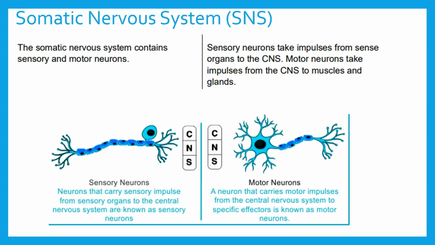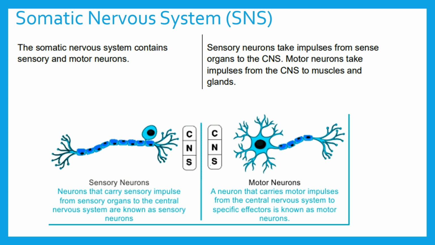Let's start by looking at the somatic nervous system, the voluntary responses. So the SNS is made up of the sensory and motor neurons, those fibres that carry the electrical impulses around the body. So the sensory neurons take sense information, sight, taste, smell, from the sense organs towards your central nervous system, towards structures like the brain.